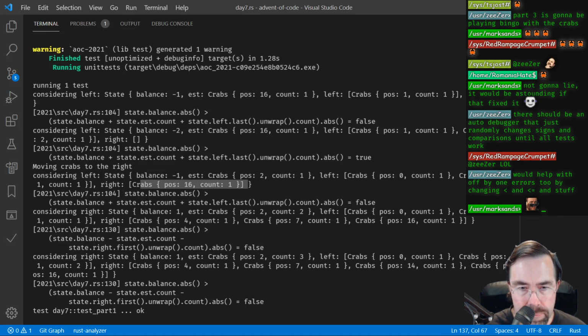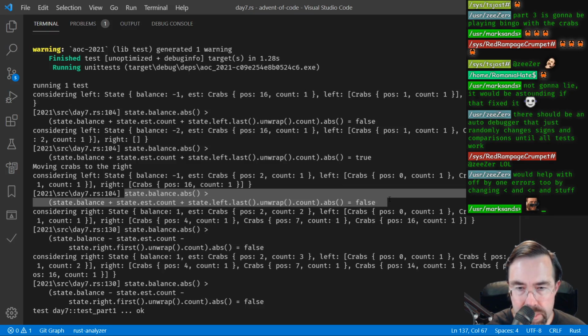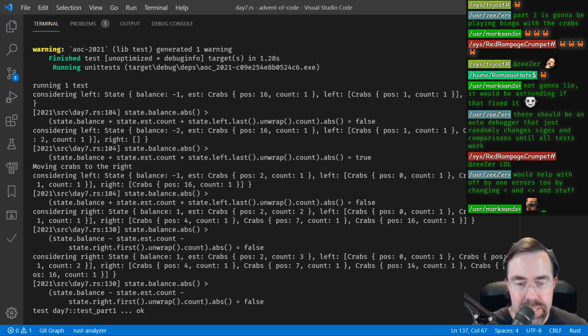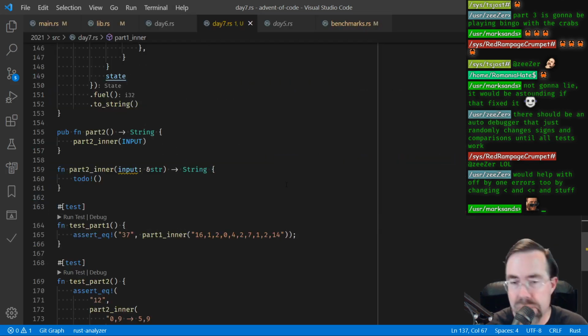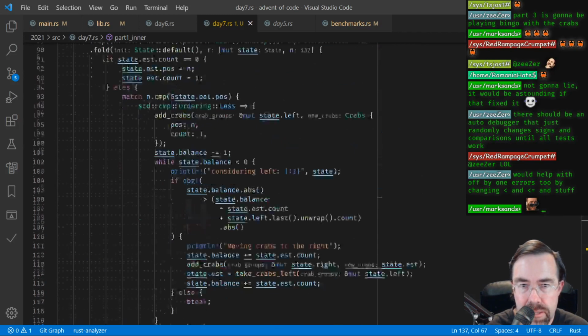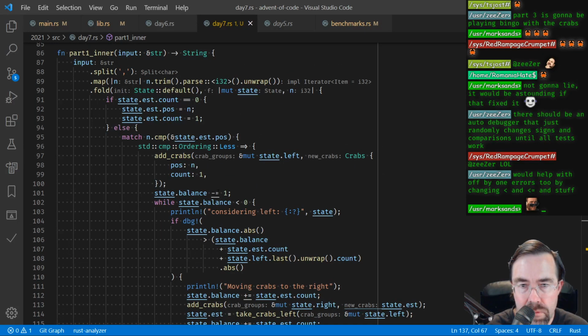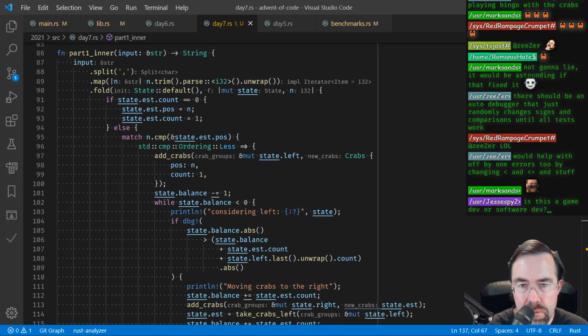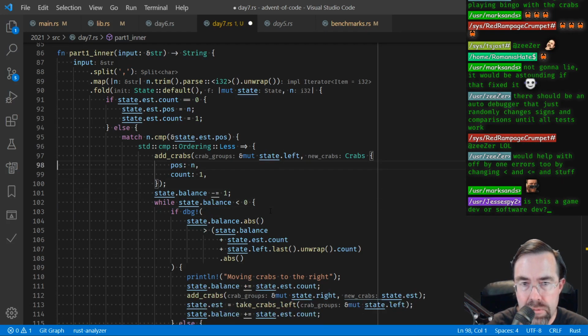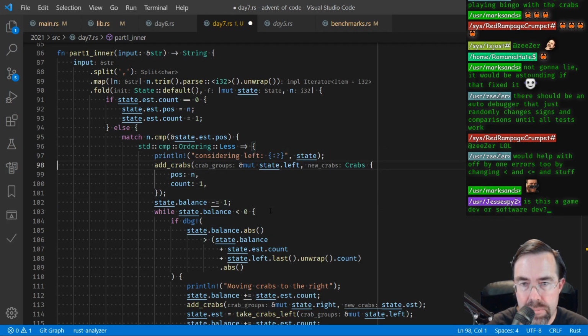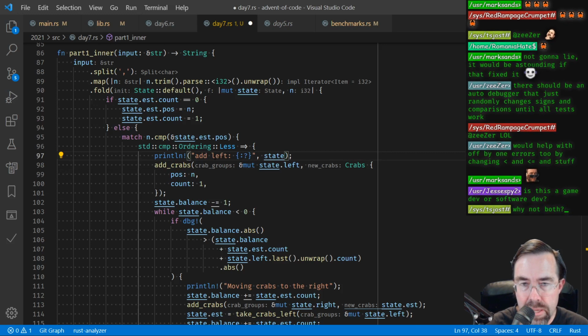Then it doesn't say what the next one is. Well, we can see it here. Actually, I didn't print that. What was the next number? I should put the next number in here, or just remove all the debugging since it's probably right. This should say something like added blank to the left.